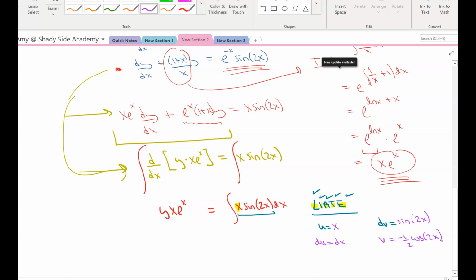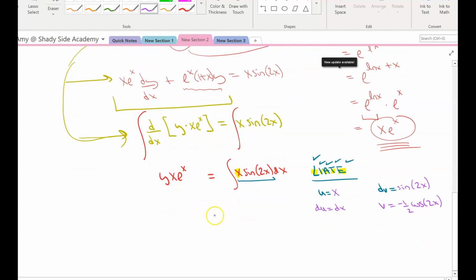We good? All right, that means this entire right-hand side is going to equal negative 1/2. It's uv minus the integral of v du. Okay, I'm going to do this plus, I'm going to pull the 1/2 through because minus a negative, cos 2x. Pardon my slant here.